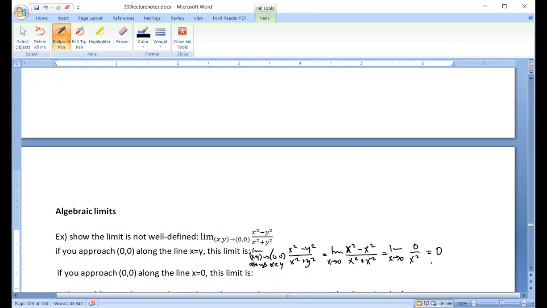Now we do it along another path. Take the limit as xy goes to 0, 0 along x equals 0, again of our function x squared minus y squared over x squared plus y squared. Then we take the limit along x equals 0, so we can just make that substitution. So now it's 0 minus y squared over 0 plus y squared.